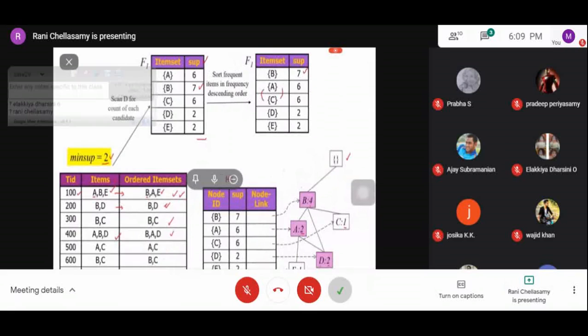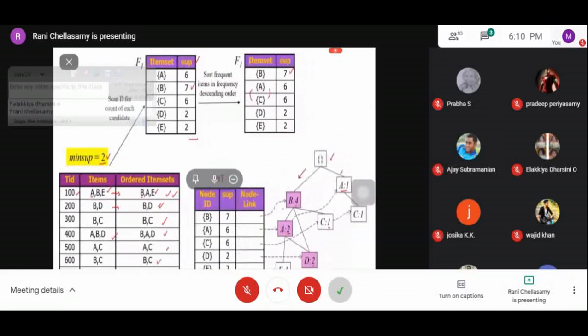Next, you need to draw A comma C. From the root there is no such A; only B is there. So you need to go with the right subtree. A should be there, and under A you can draw C also. See here, the right subtree consists of A, then C. The support count is 1, and here also 1. Now we have completed the fifth transaction.